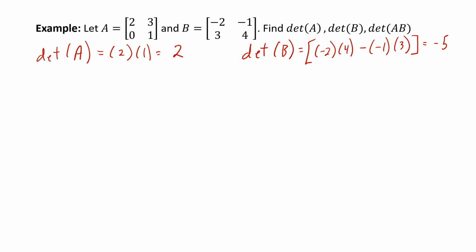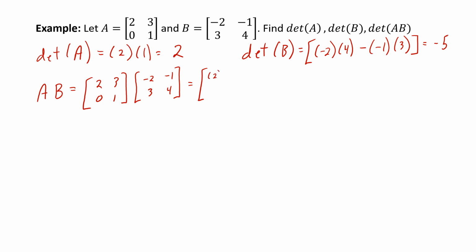What about the determinant of A times B? Well, first we have to figure out what A times B is. So 2, 0, 3, 1 times negative 2, 3, negative 1, 4. And we have seen how to do matrix multiplications. So this is 2 times negative 2 plus 3 times 3. Below it is going to be 0 times negative 2 plus 1 times 3. Moving over to the next column, we get 2 times negative 1 plus 3 times 4.